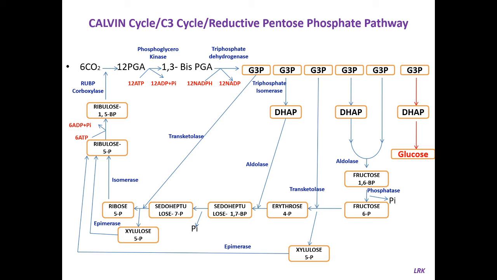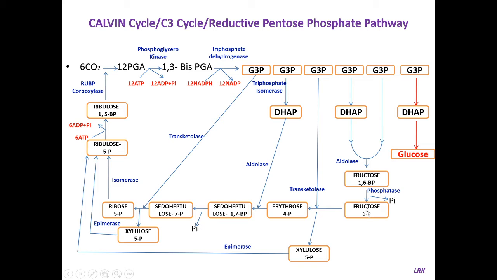And this fructose 1,6-bisphosphate becomes fructose 6-phosphate by removal of a phosphate molecule from it. See, inorganic phosphate is removed from this one, and fructose 1,6-bisphosphate turns into fructose 6-phosphate in the presence of an enzyme called phosphatase. Okay, then one molecule of this fructose 6-phosphate condenses with one molecule of glyceraldehyde 3-phosphate in the presence of the enzyme called transketolase.